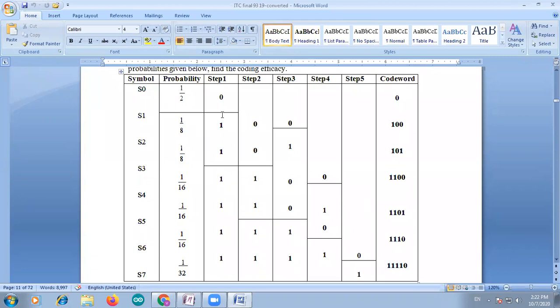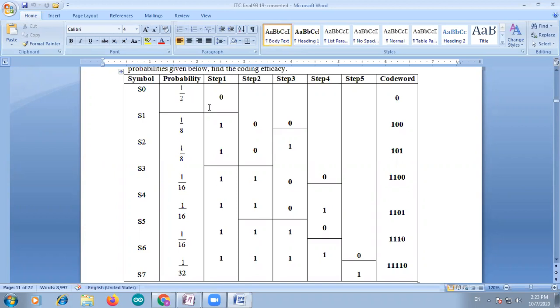Step 1 has S0 as only a single symbol, with probability 0.5. Now 0 is assigned. The remaining symbols together have probability 0.5. In the first step, S0 is separated, that is, the coding of S0 is completed, because the group has a single symbol.